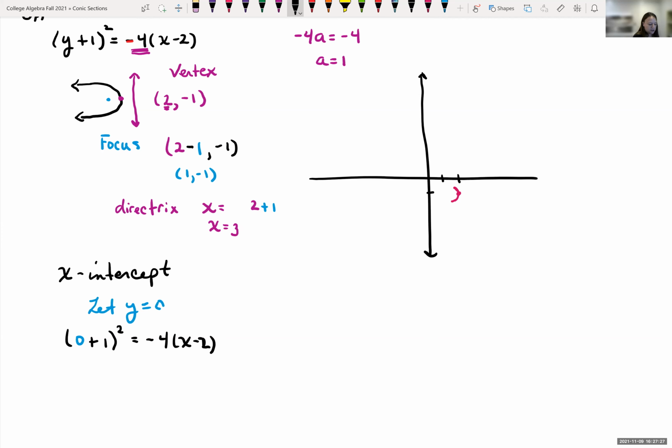On the left-hand side we have 1 squared, which is 1, equals -4x, distributing that -4 times -2, so +8. Let's subtract 8 on both sides, so we get -4x is equal to -7. Dividing by -4, I get 7/4, which is 1 3/4. So I know at 1 3/4 is where my x-intercept is.